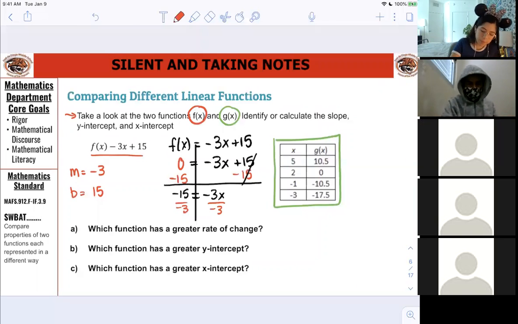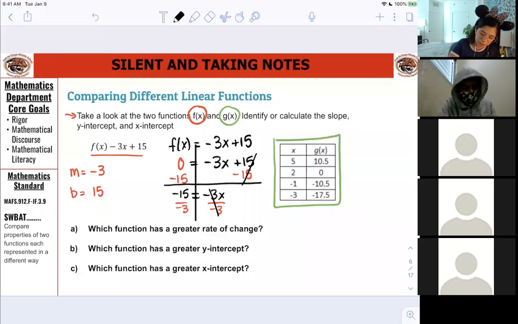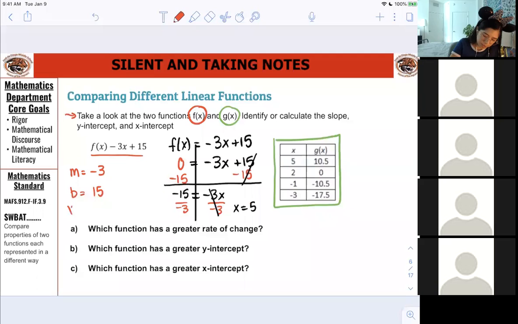Five. +5, very good. -15 divided by -3 means x equals +5, which means that's my x-intercept, +5. So I have everything I need for f of x. I've got my slope, my y-intercept, and my x-intercept. Do I have any questions on how I went through all those processes?